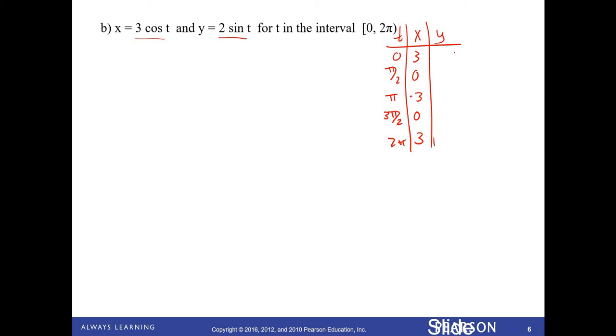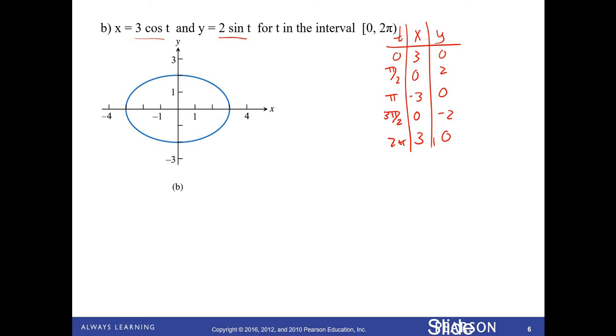My sine, or my y values, are going to be 0, 2, 0, negative 2, 0. There's our curve as we plot it. So that's an ellipse, again starting at (3, 0), going up to (0, 2), so the ellipse is going in this direction. So how are we going to change this to an xy equation?